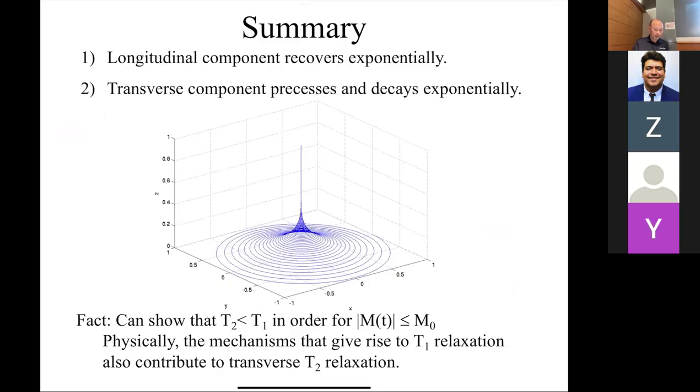What we saw before is that typically the transverse component dies off much more quickly than the longitudinal component returns. So that gives you this picture where we start off in the transverse plane, do this very quick death spiral, and in the meantime, there's some regrowth of the longitudinal component.